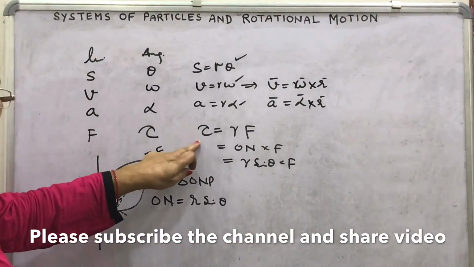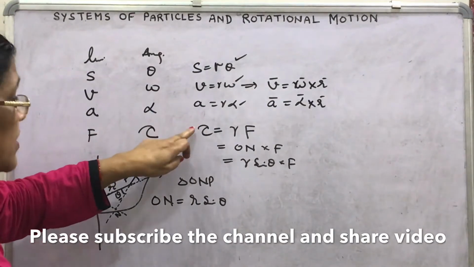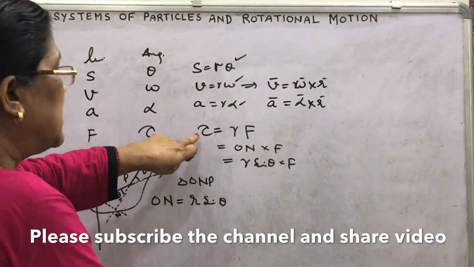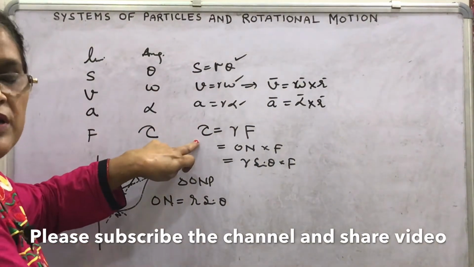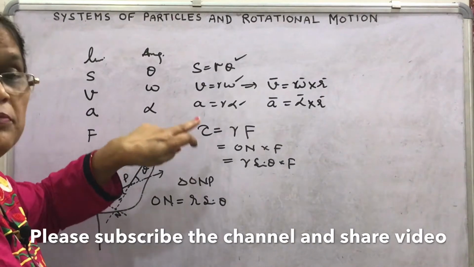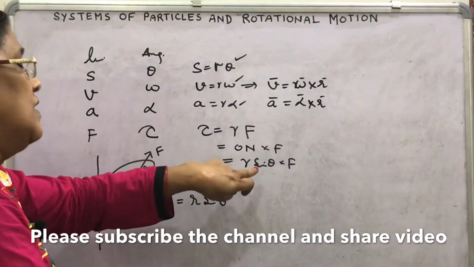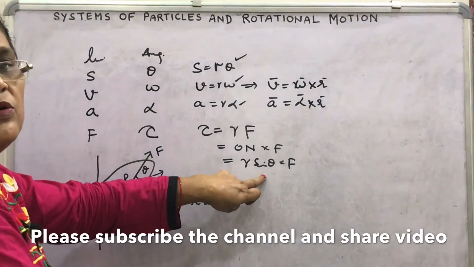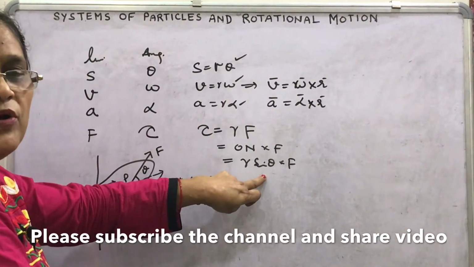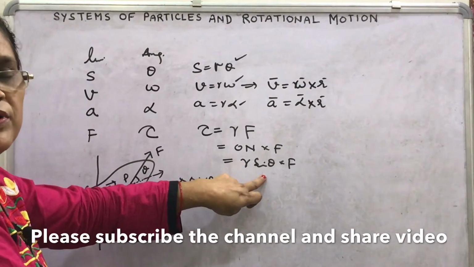How will you define torque? Torque is the rotational tendency of force about the axis of rotation. It is measured by the product of the force and the perpendicular distance of the force applied on the body from the axis of rotation.